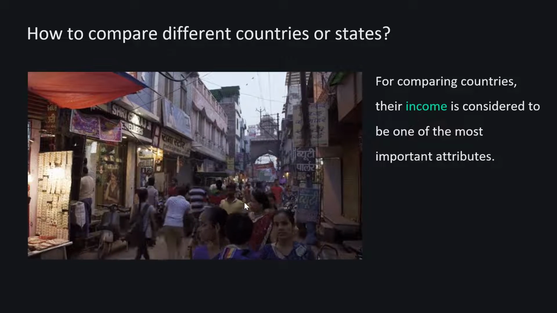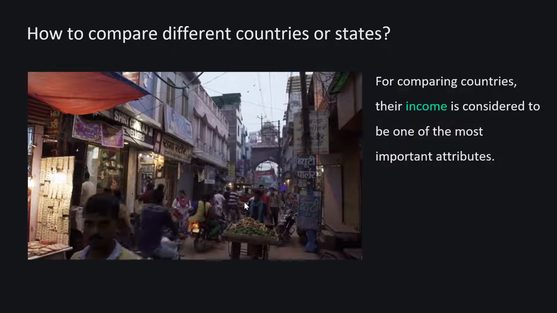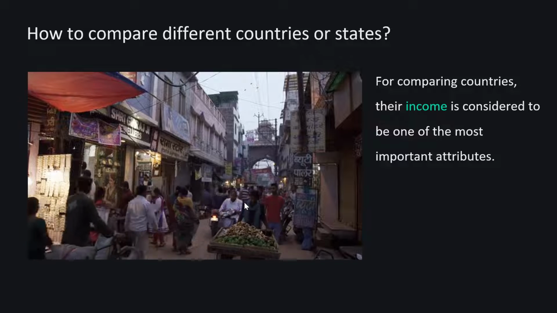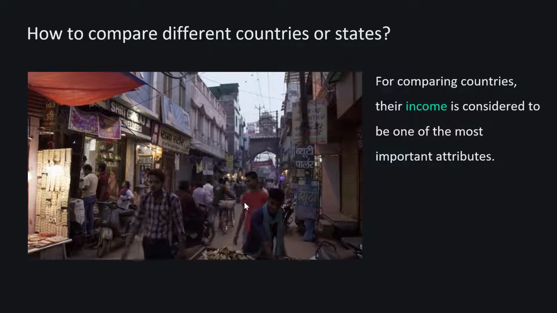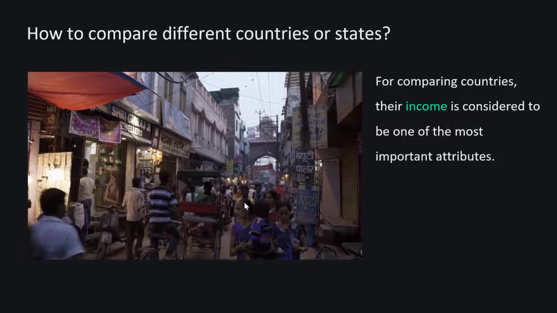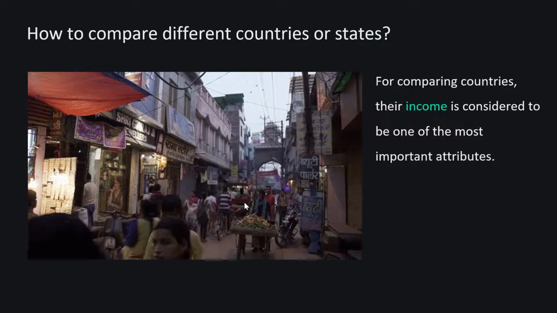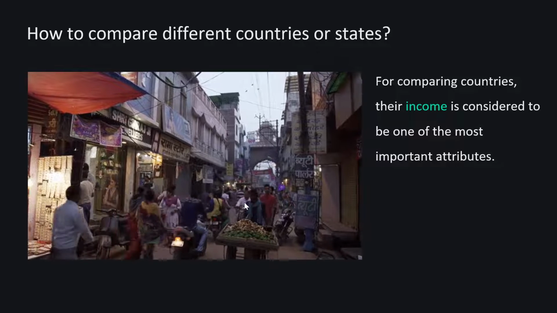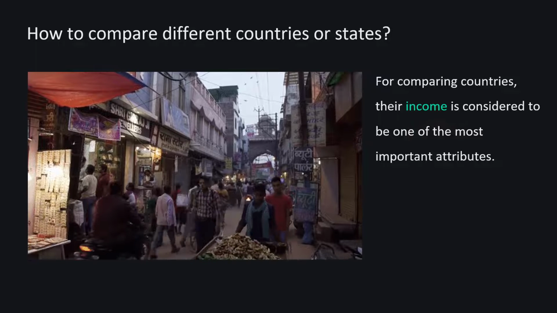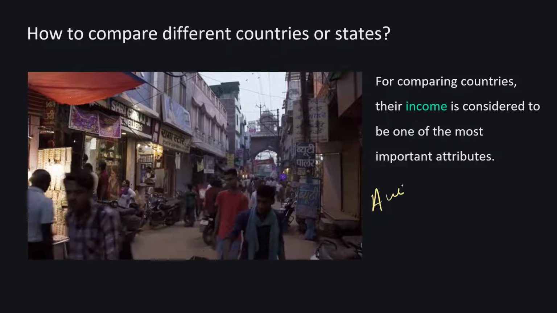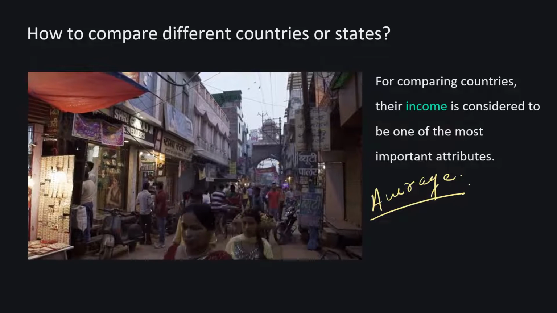By income, I do not mean that A earns this, B earns this, for all the population. It's not possible to count the income of every person living in that particular country or state, right? So what we do is we take the average. We always take the average. Okay, this is one point.